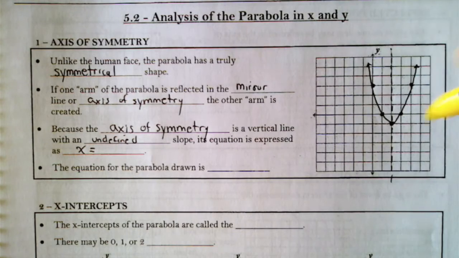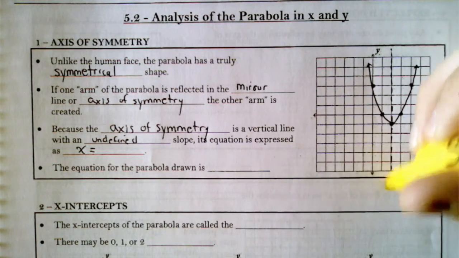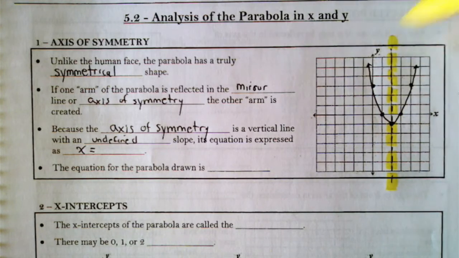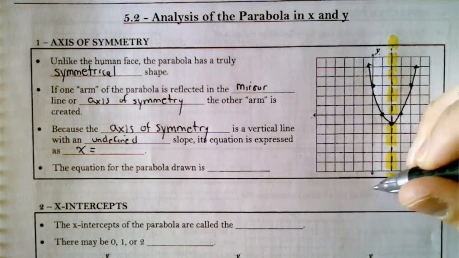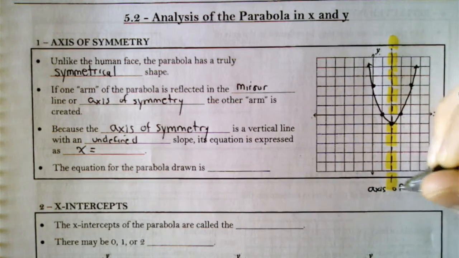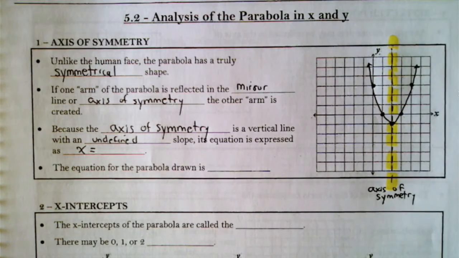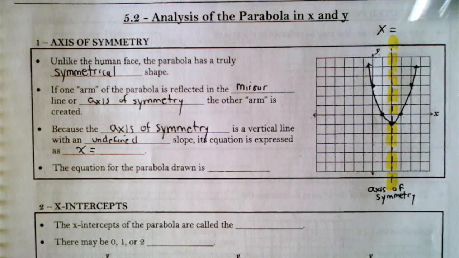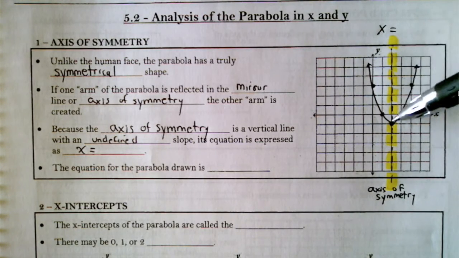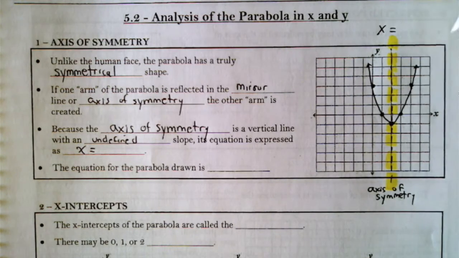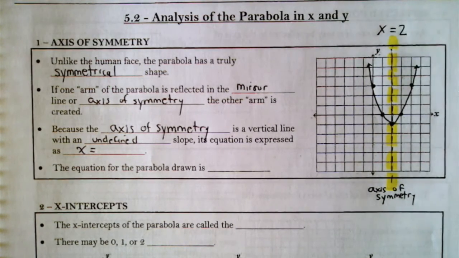And if I highlight it, there's our axis of symmetry. And the equation of our axis of symmetry is always x equals, and we just look at where our line crosses the x-axis. If that's 0, because it's in the middle, that's 1, that's 2. Our axis of symmetry would be x equals 2.